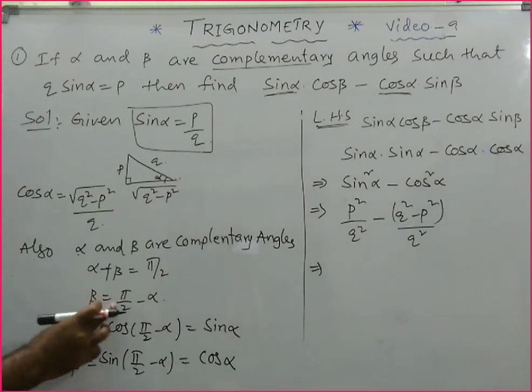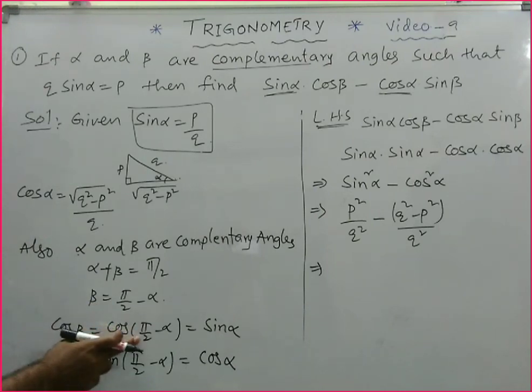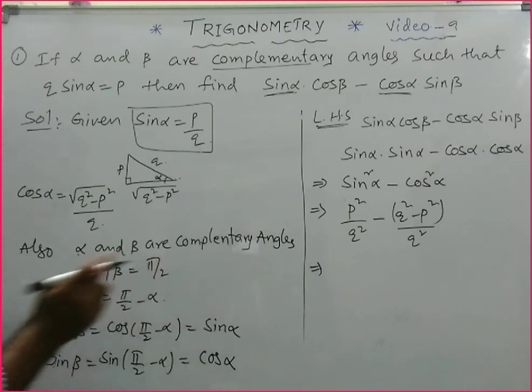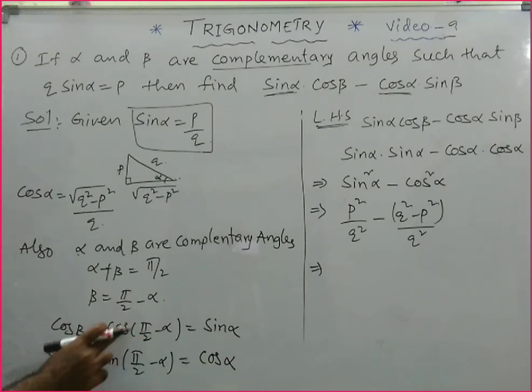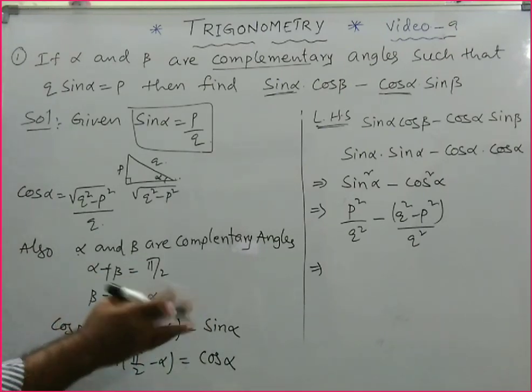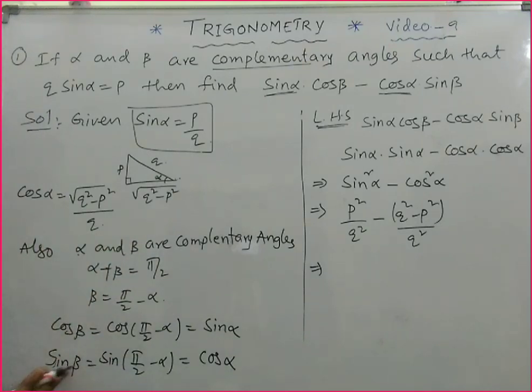Now apply cos on both sides. That is cos beta is equals to cos of 90 minus alpha. Cos of 90 minus alpha is nothing but sine alpha, because of 90, cos changes into sine and 90 minus theta is first quadrant, anyhow positive. Similarly if I take sine ratio on both sides, sine beta is equal to sine of 90 minus alpha, which is equals to cos alpha.